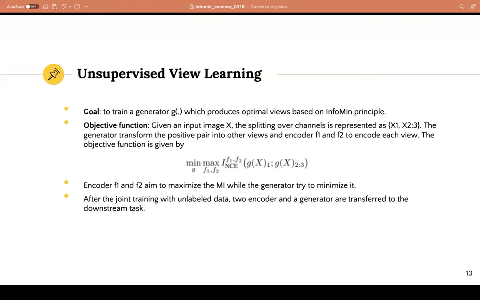And after the training, that's unsupervised training, you will get 2 encoders and 1 generator that will all be transferred to the downstream task. That's the unsupervised view learning.